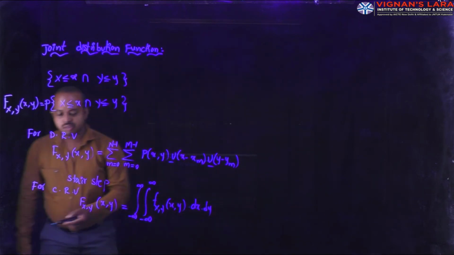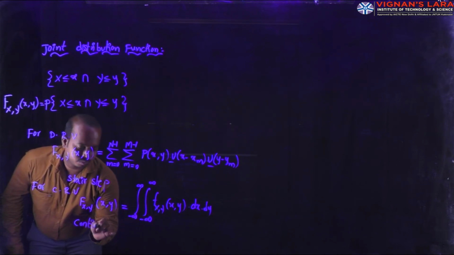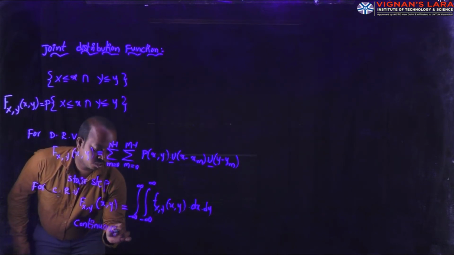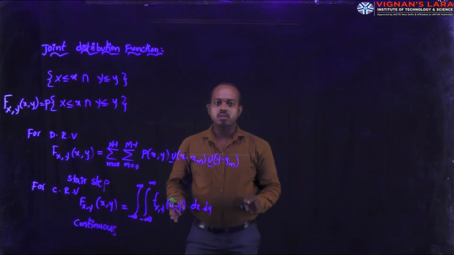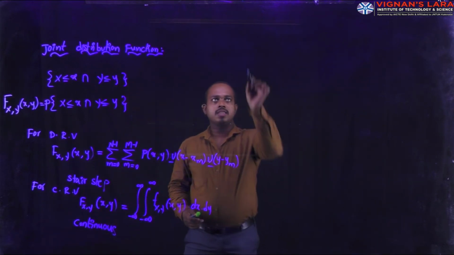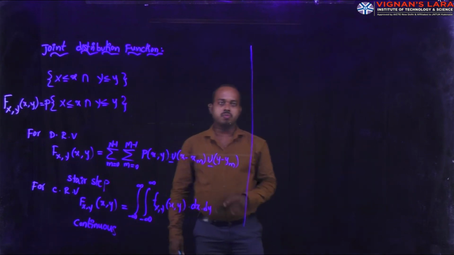For a continuous random variable, the graphical representation is continuous. These are the formulas we have under the distribution function. Now you can see the properties of the joint distribution function.